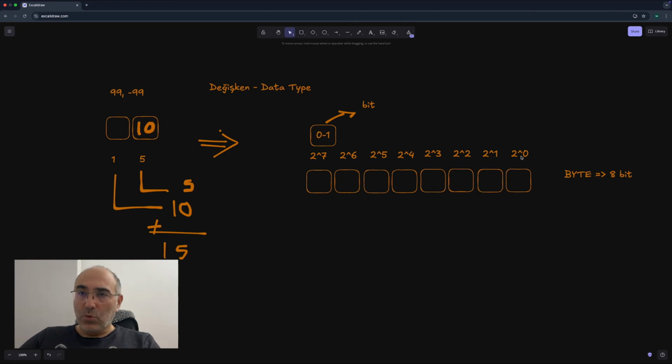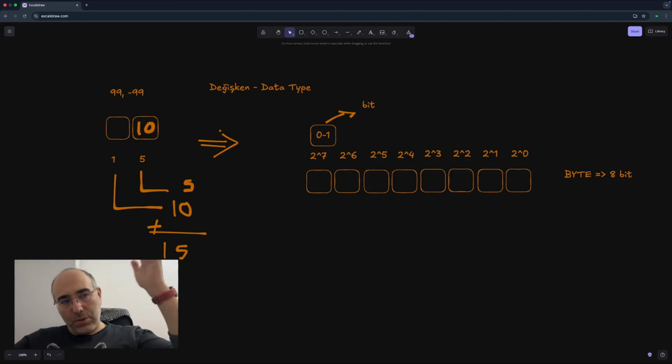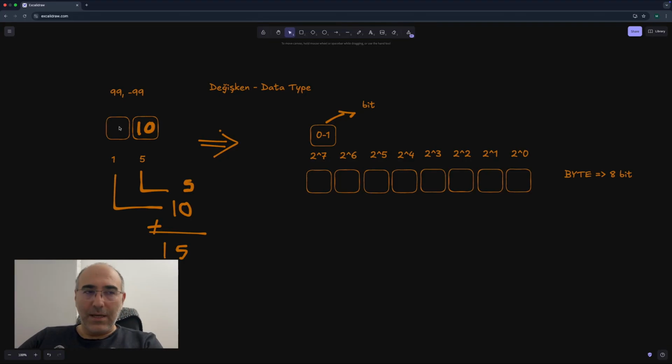Now, what do you call this place here? You call it the ones place. What do you call this one? The tens. 10 to the power of 0, 1. 10 to the power of 1, 10. If there was one more box, it would be the hundreds place. What is that? 10 to the power of 2, 100. 10 to the power of 3, 1,000.